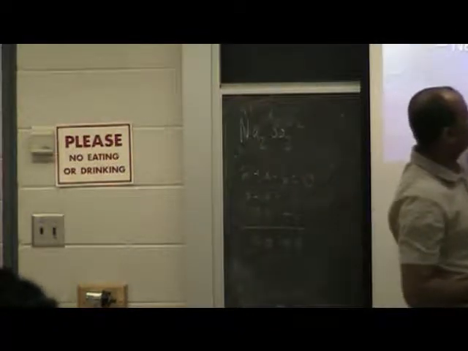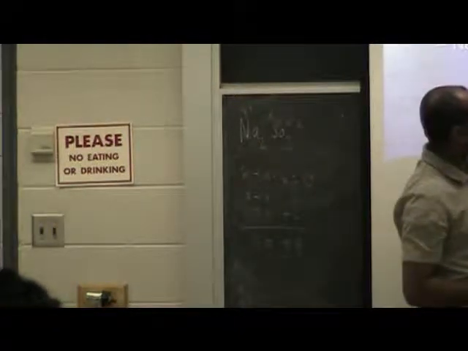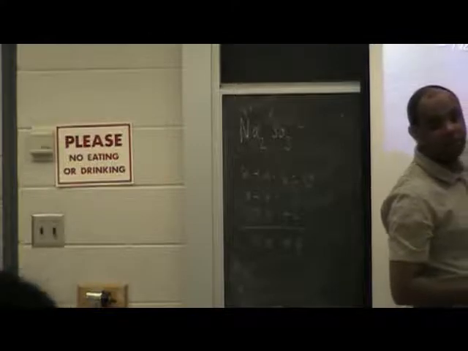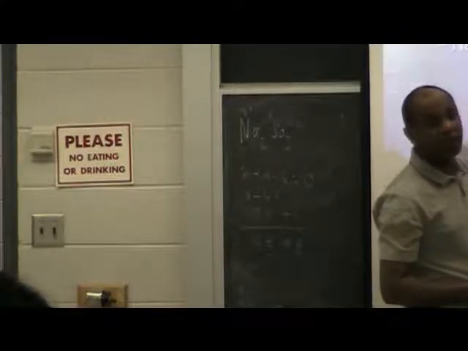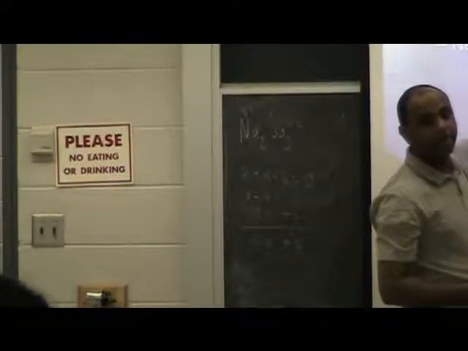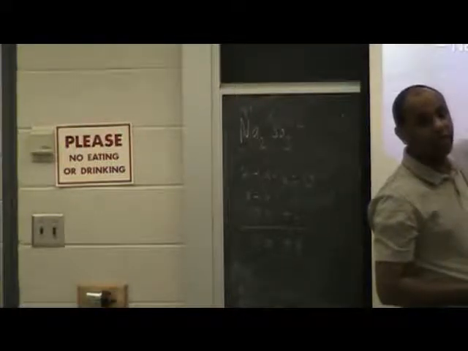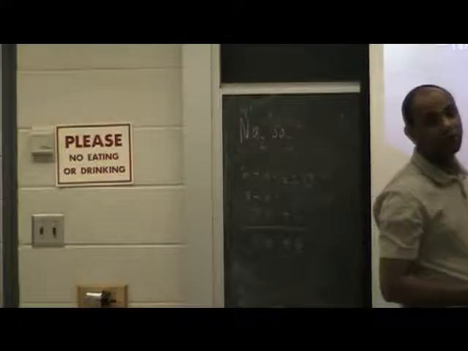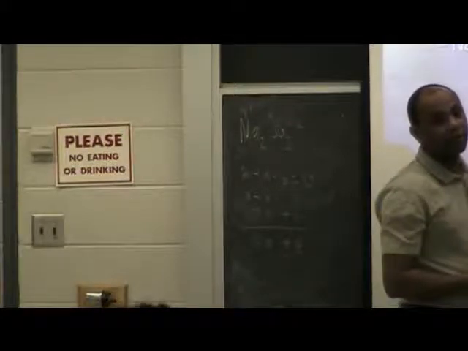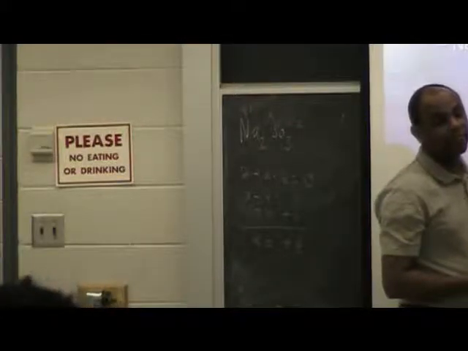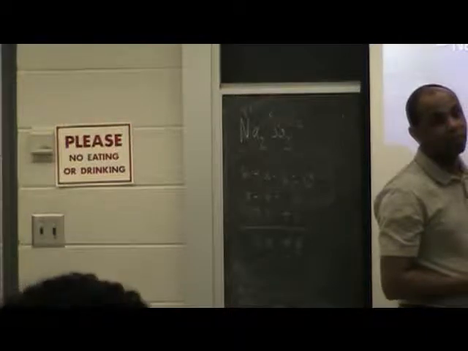How about here? The oxidation number of tin bromide. Tin is a transition metal. Its oxidation number is going to be plus 4. I thought you said it's only for monatomic ions that the oxidation number is the charge. Yes.